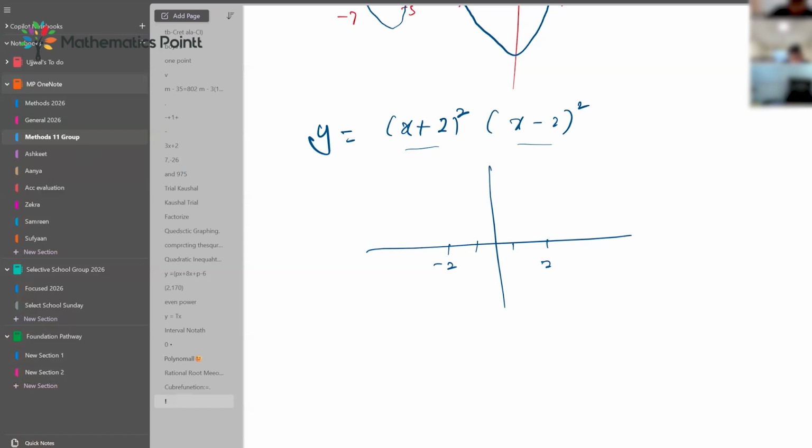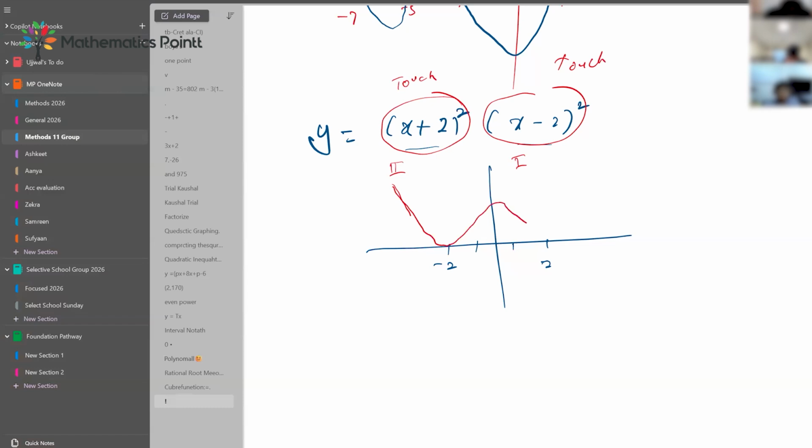What am I going to do? There is no negative in the front. So that means the graph will be in the first and second quadrant. I come here. Now this is even, so I have to touch. I come here, I touch. I turn back, I touch. And a quartic is created.